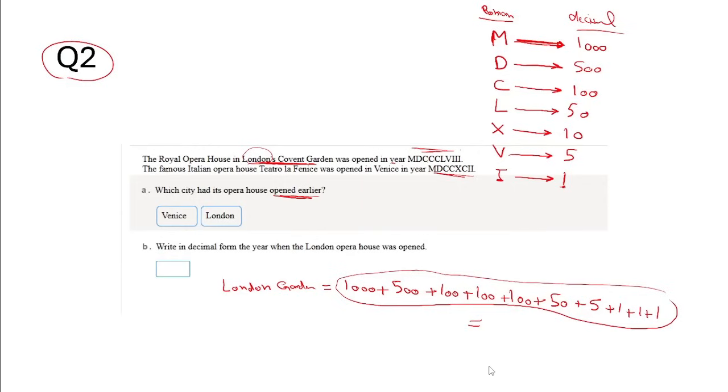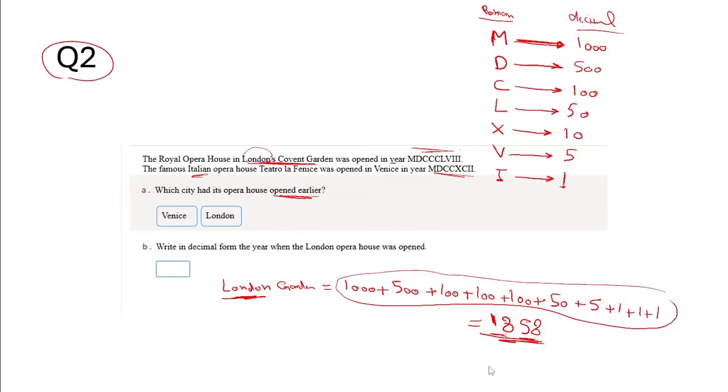These are 3. That means the answer would be 1,858. So this opera house in London opened in year 1858.